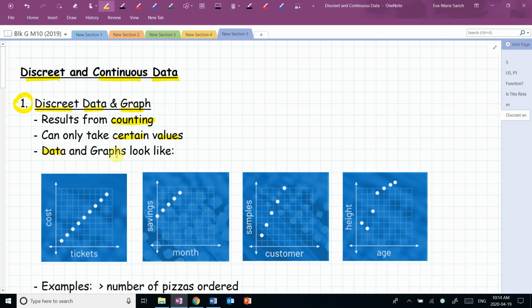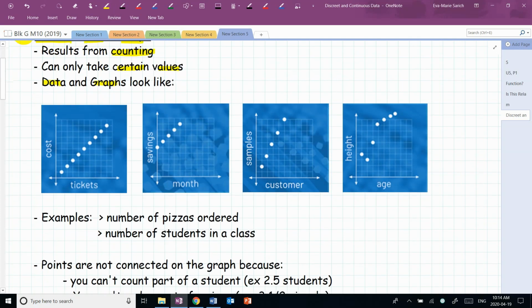But still only certain values. The data on a graph would look similar to the four examples that I have here. Now, before we get to that, I just want to do a little bit of a review of what we did before the break on graphs. At the bottom, we have the X value on a graph, and this is in fact tickets in this example, but this is the independent variable.